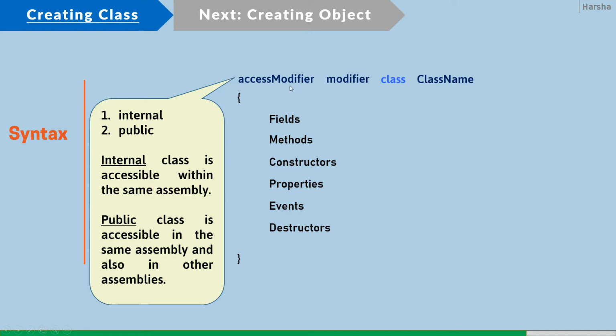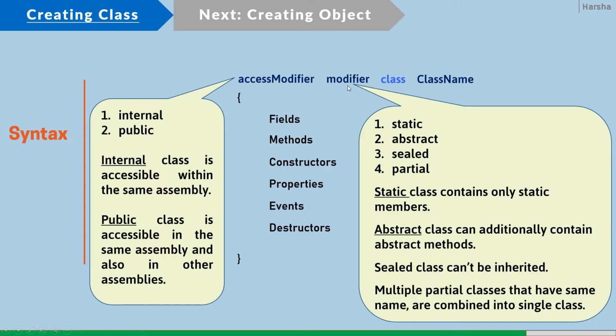And at the right hand side of the access modifier, optionally you can add the modifier. The modifier is optional for the class. The list of possible modifiers for the classes is static, abstract, sealed, partial. I will explain about all these modifiers of classes in the further sections, so for the time being we have to hold them.